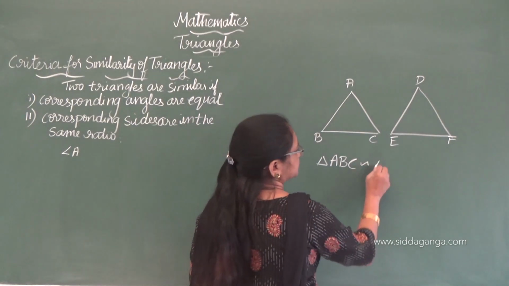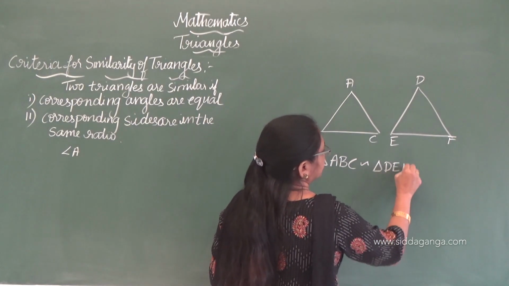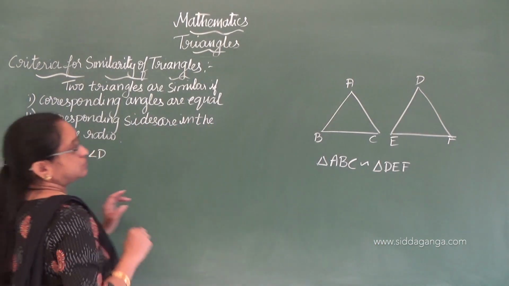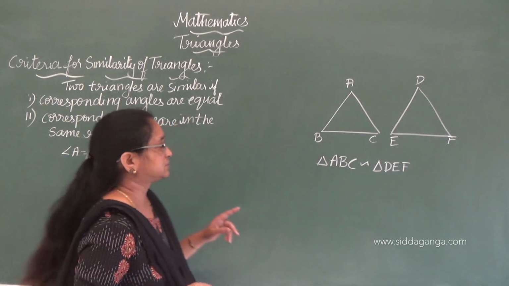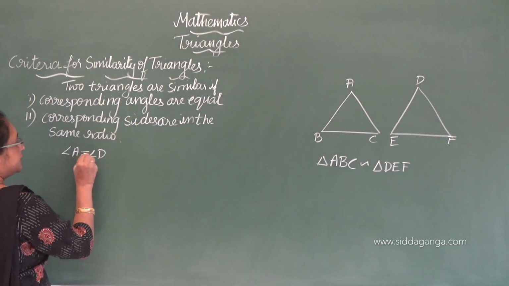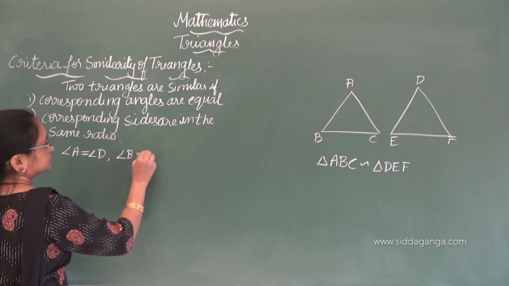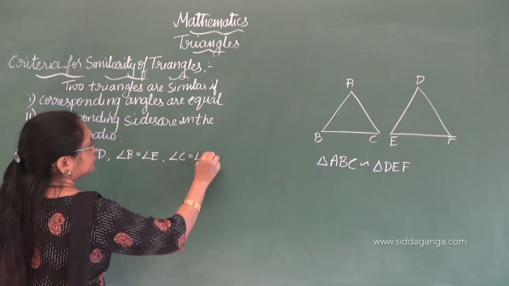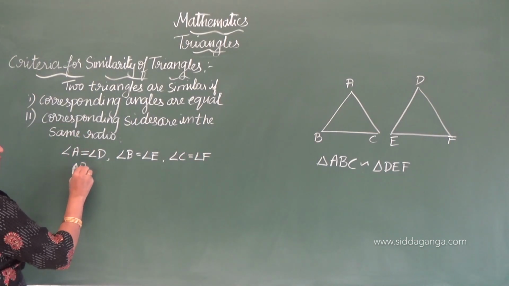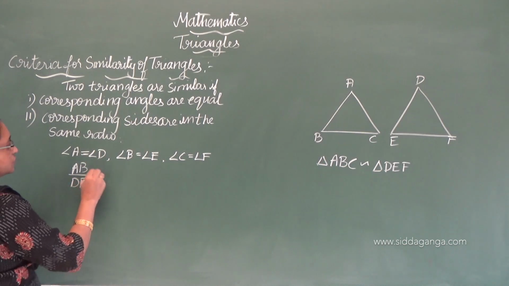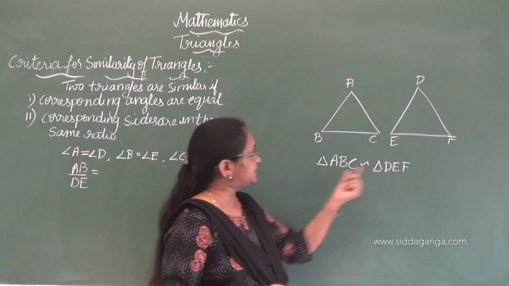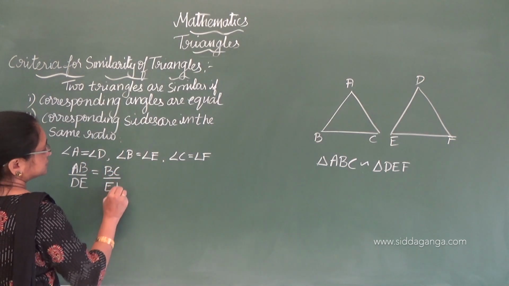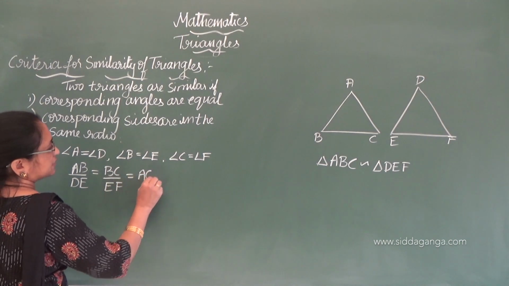Then angle A is equal to angle D, angle B is equal to angle E, angle C is equal to angle F. Same way, AB by DE is equal to BC by EF is equal to AC by DF.